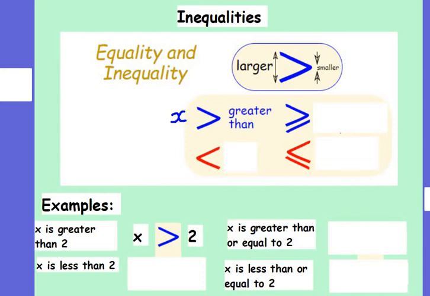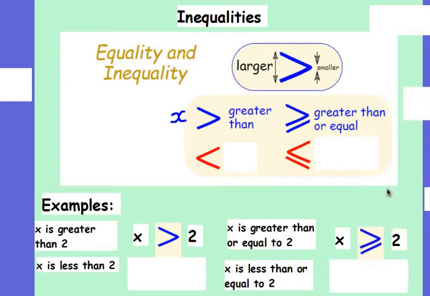It could be 3, 4, 5, any of those numbers that are larger than 2. If we've got half an equal sign underneath, that means greater than or equal to. If I wanted to write x is greater than or equal to 2, I would write it like so. That means x could be 2, 3, 4, 5, etc.